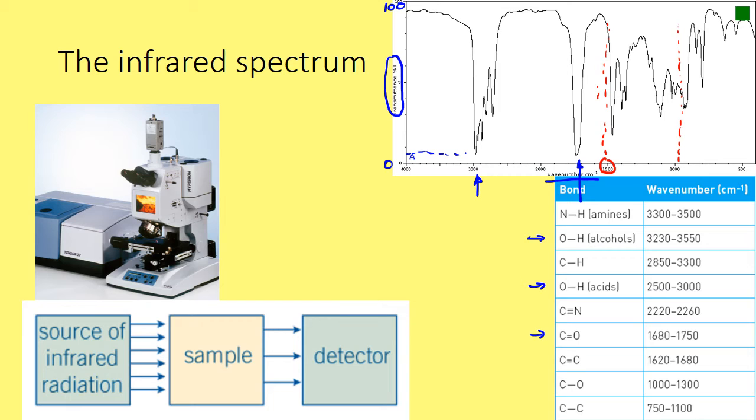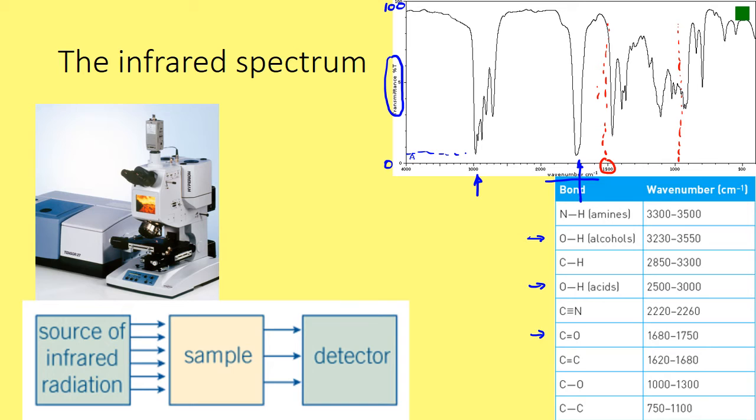So what you can do is you can store that pattern for a particular molecule in a computer, so that if you have an unknown molecule and you pass it through your infrared spectrometer, you get a spectrum like this, and then you can compare it to all the spectra that you have in your database, and that can be used to identify that unknown molecule, just as an unknown fingerprint can be compared to fingerprints that are in a database to identify the person who owns that fingerprint. Okay, and that's called the fingerprint region.